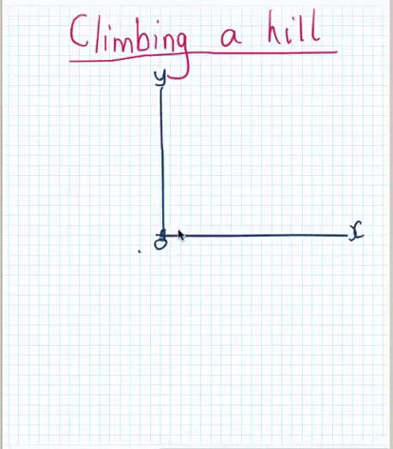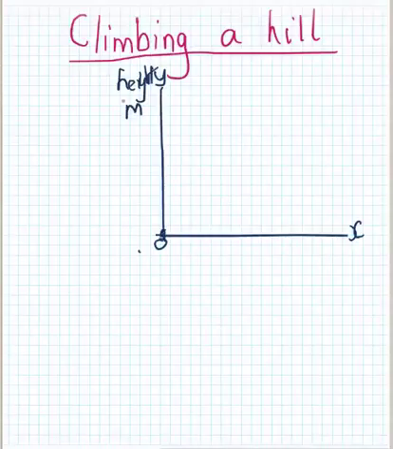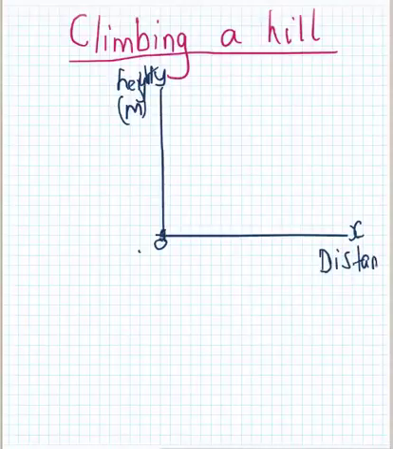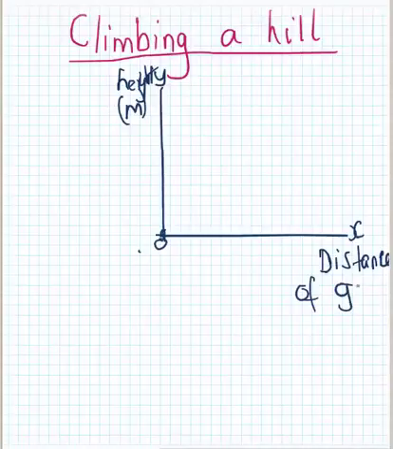Now, I've just drawn a y and x-axis, so our graph. And now the y can represent the height. So just beside the y, put height in meters. That says height, sorry. And x can be distance of the ground, or ground distance, and that is also in meters.